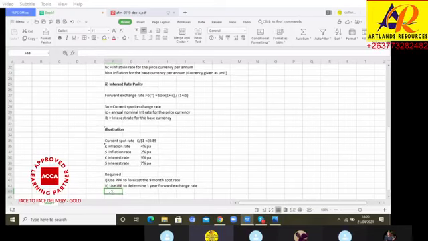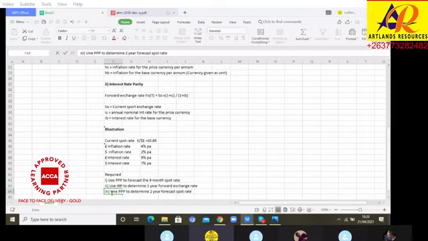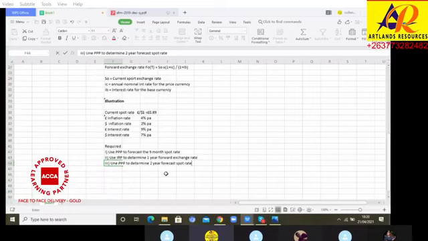And then lastly, use PPP to determine the 2-year forecast spot rate. Now you have these as the illustration. We just want to work this out.